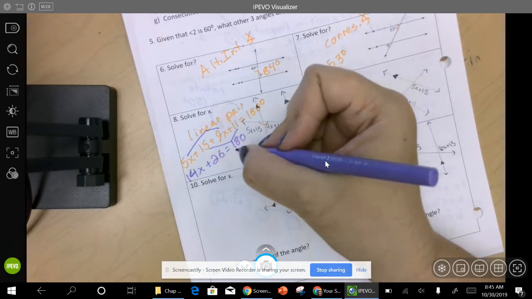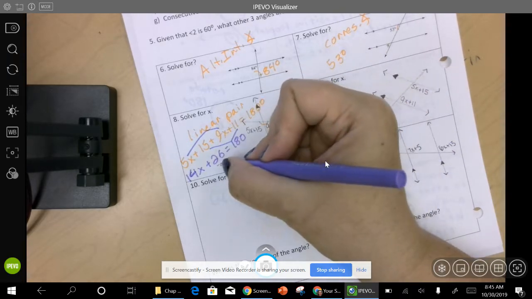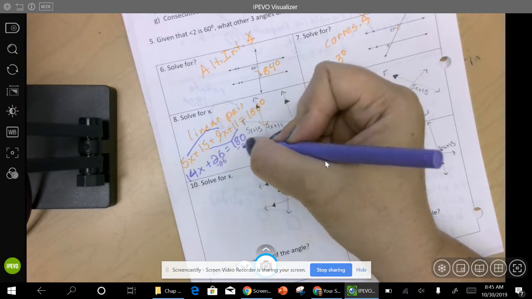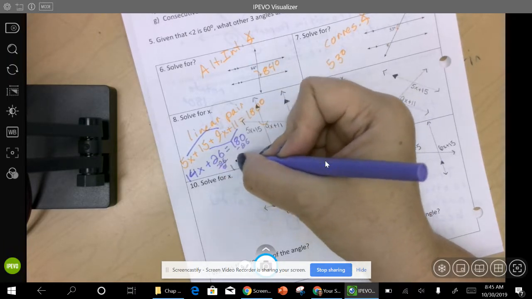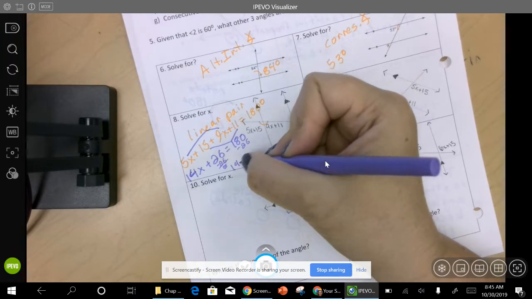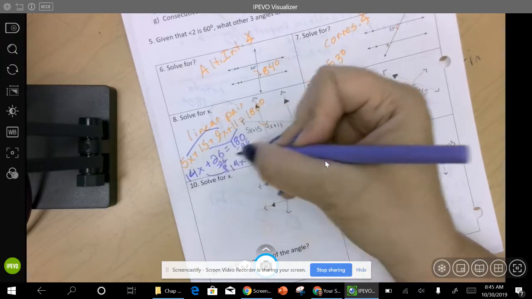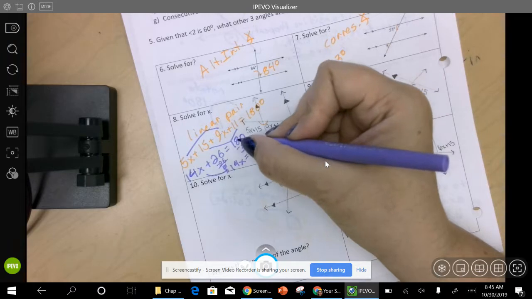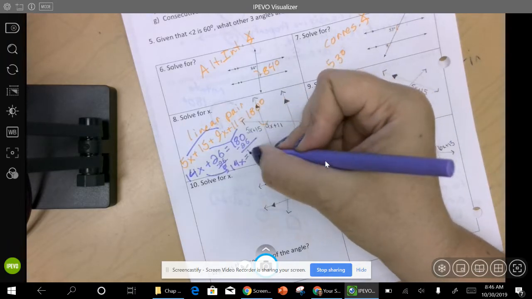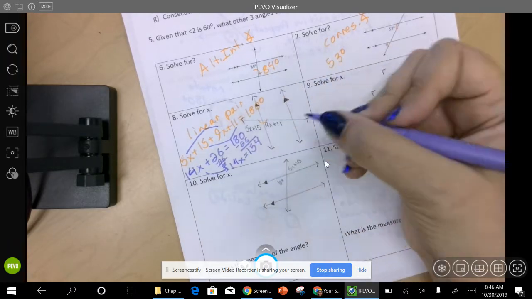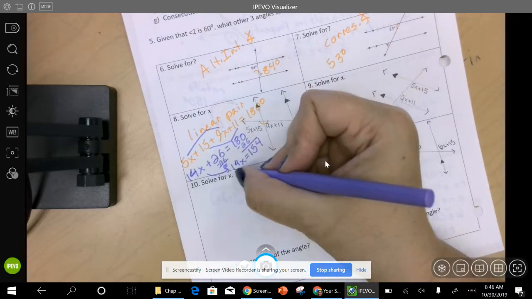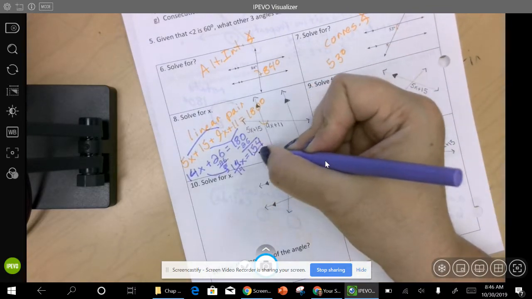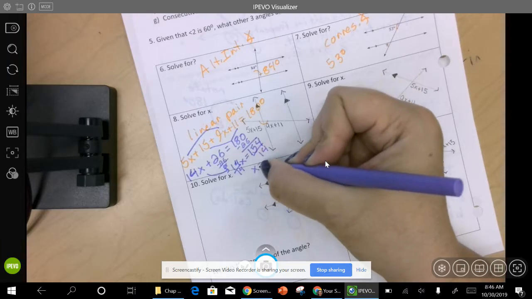I subtract 26 from each side. Make sure you bring down that 14x. 180 minus 26 is 154. 154 divided by 14 is going to equal 11.